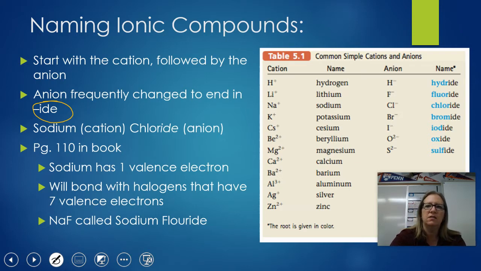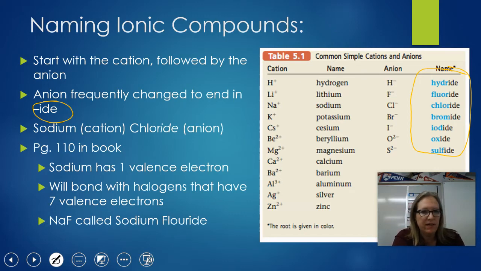And you can see in this list here some common ions with that "ide" ending. If you look on page 110 in the book, it shows you sodium and fluorine. Okay, fluorine is right there next to oxygen. Sodium has 1 valence electron.